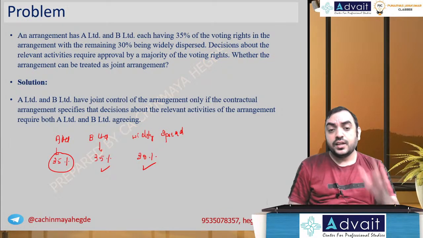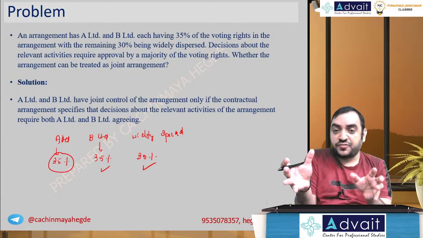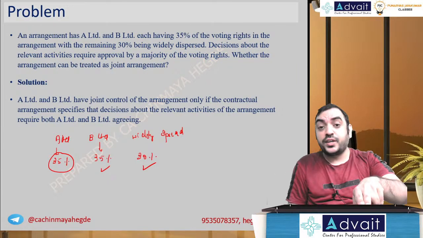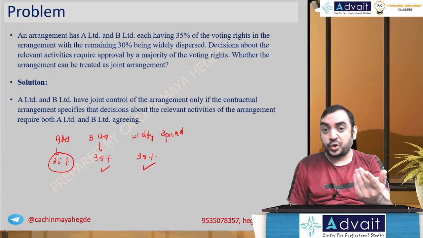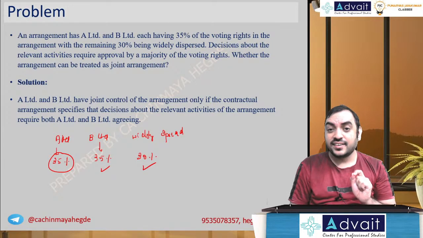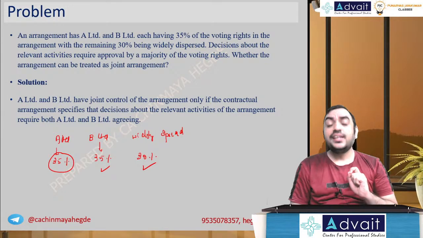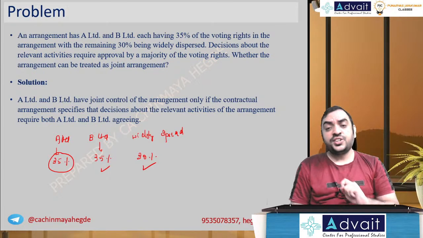You say you have 35%, the other person is having 35. If you come together, you control. But the question is, should you come together? Are you obliged to come together? Can you differ in the vote?